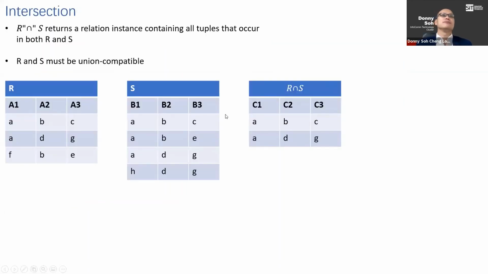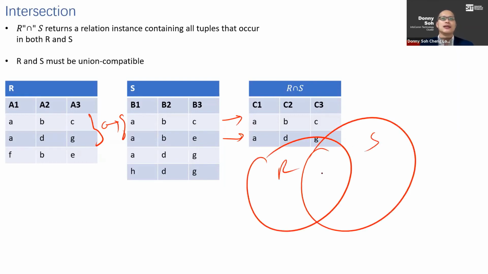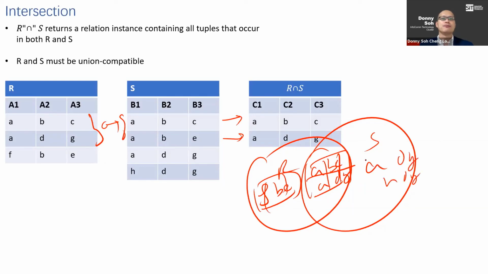Okay. So intersection. Intersection will contain the items that are in both R and S. So actually it's quite intuitive. These two are similar because they are in both R and S. So for R and S, there is A, B, C, A, D, G, then F, E, E, and the rest of the other two, A, D, G, and H, D, G. Okay.